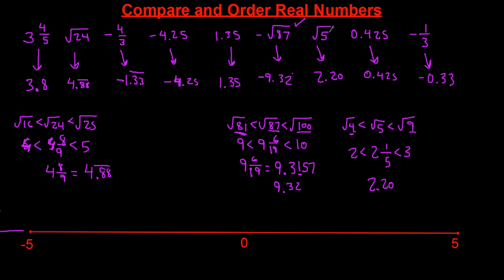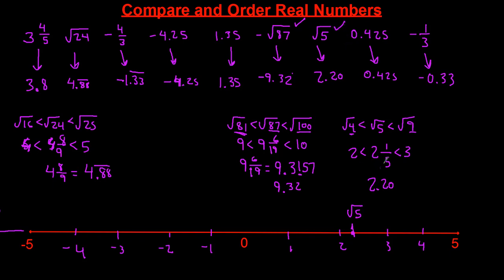All right, now we need radical 5, which is about 2.2. Let's separate this: 1, 2, 3, 4, negative 1, negative 2, negative 3, and negative 4. So we have 2.2. We could just estimate that that's around here. So this right here will be radical 5.